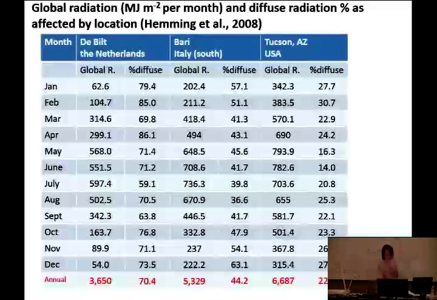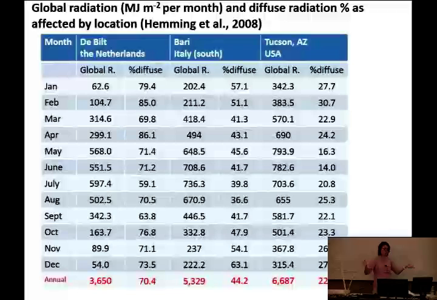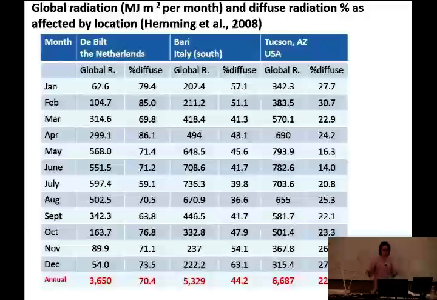The other number is the total radiation, in megajoules per square meter, and there is much lower light energy in the Netherlands compared to Tucson. In Tucson, Arizona, we have much higher total radiation and a much higher direct light percentage, so most of the light comes as direct light. Once it hits, it creates shadow and that's it, so it doesn't go deeper into the canopy.